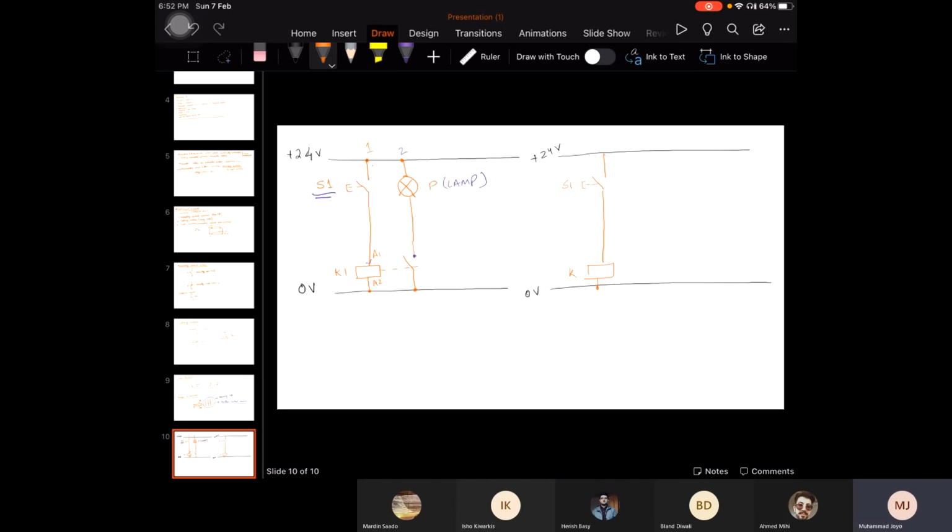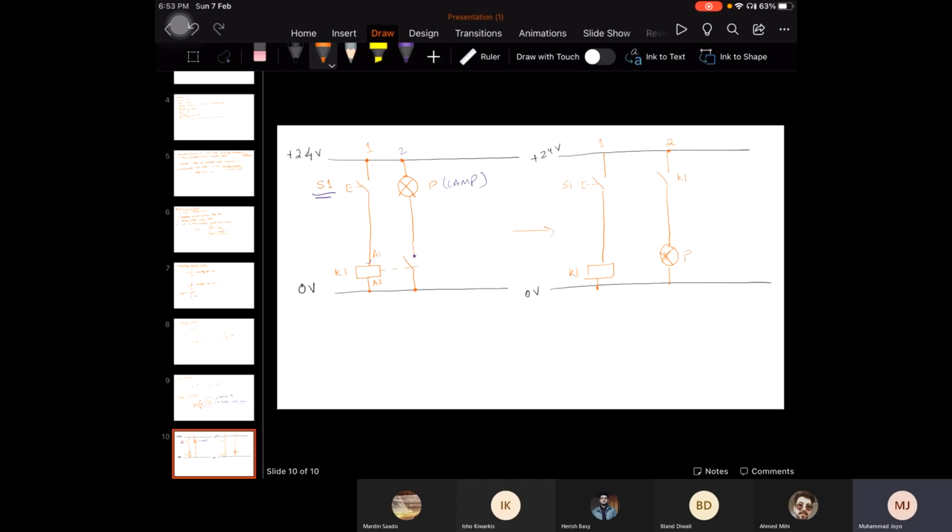In network 2, or maybe a later network 3 or network 4, if I want to use the normally open contact of K1, I can use it like this. So this is P, this is K1 over here, and that's it.